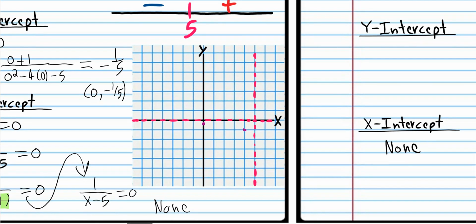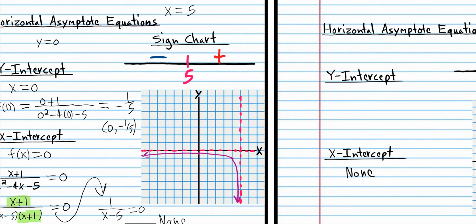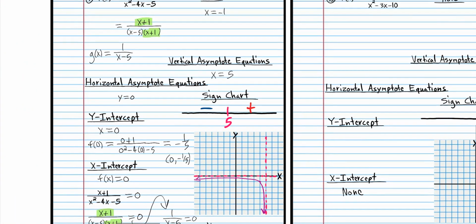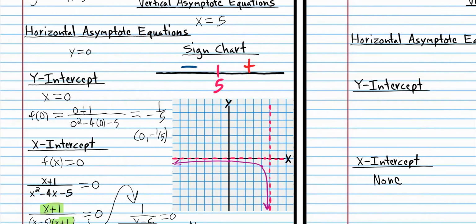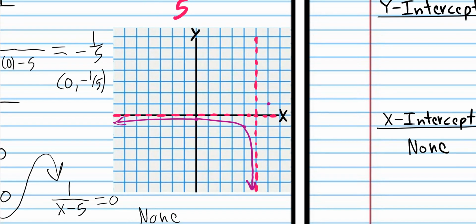And that's probably all we need. And let's plug in 6 and we get 1. And there you go, that's what the graph looks like.